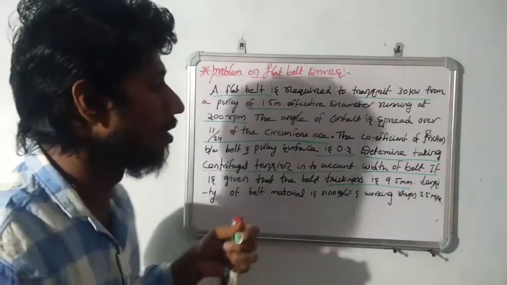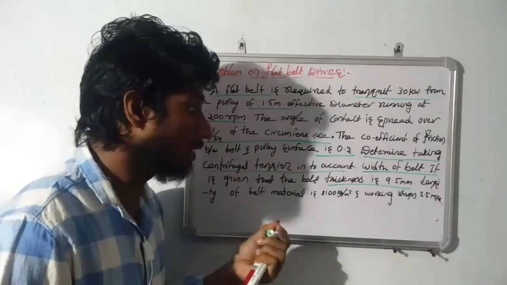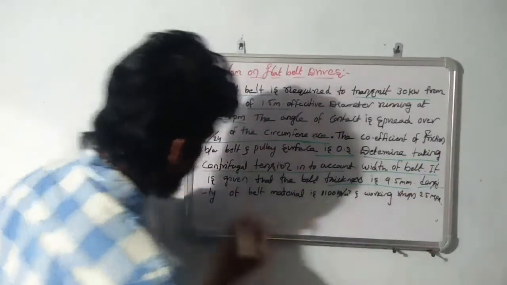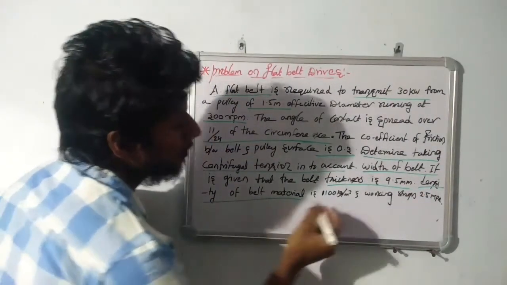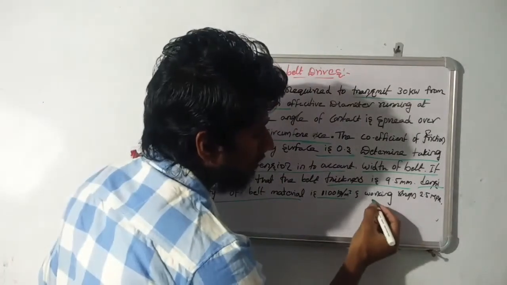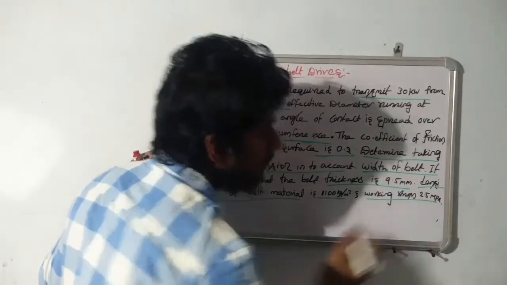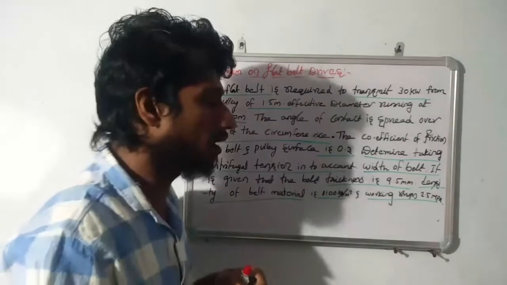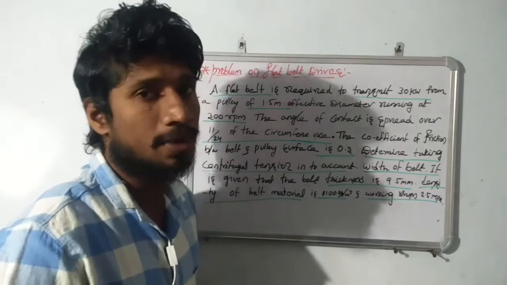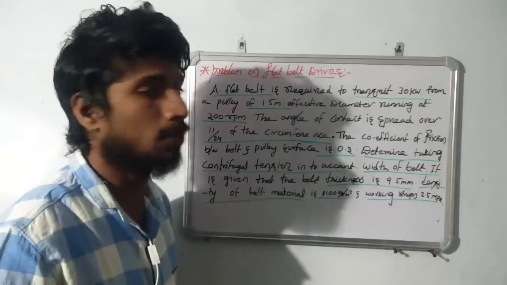So here the thickness of the belt is provided, that is 9.5 mm, and the density of the material is 1100, and finally the working stress, that is the stress acting on that belt, is 2.5 megapascals. So this is about the problem.